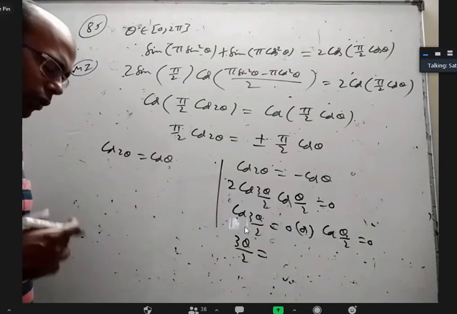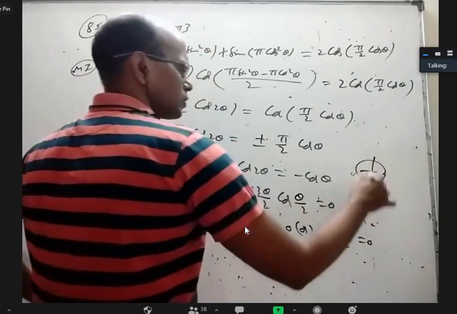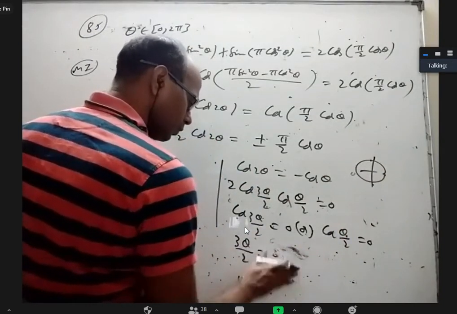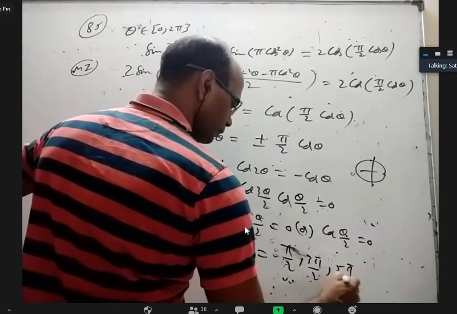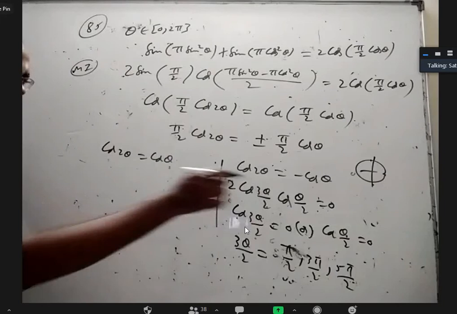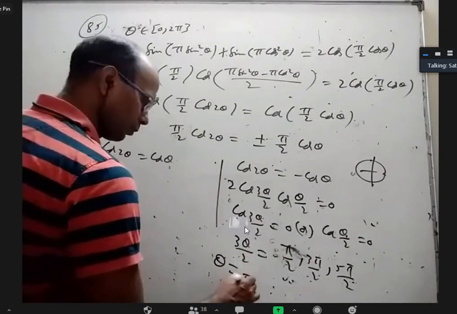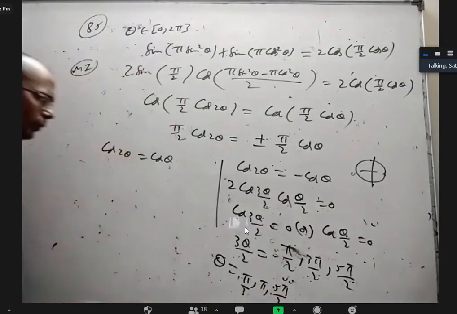Between 0 to 3 pi, cos is 0 at pi by 2, 3 pi by 2, 5 pi by 2. You can find corresponding thetas if you want. Those will be pi by 3, pi and 5 pi by 3.